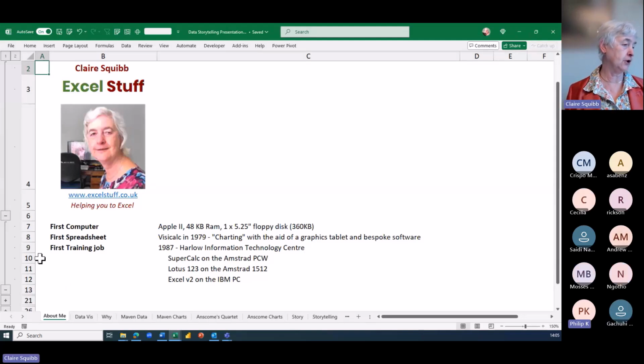My first training job was in 1987 when I worked for an information technology centre teaching young people, 16 to 18-year-olds, and I started out there using SuperCalc on an Amstrad PCW. Then as things moved on, we got into Lotus 123, and eventually when Excel came out, it was Excel version 2 on an IBM PC. So I've been working with spreadsheets since they first came out.